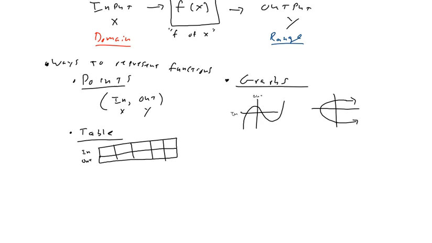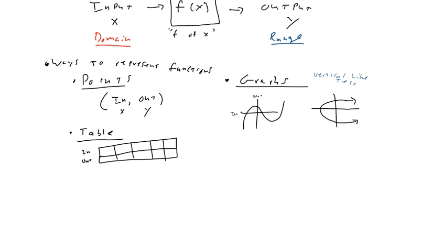The way we tested these graphs was by doing the vertical line test, to test if something was a function. We wanted to check that inputs don't repeat.